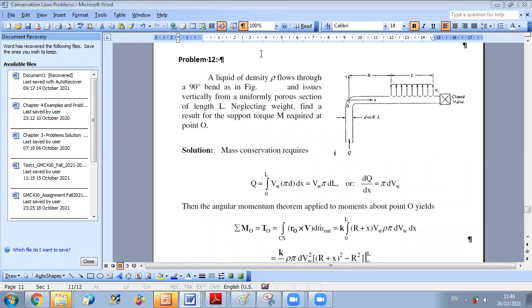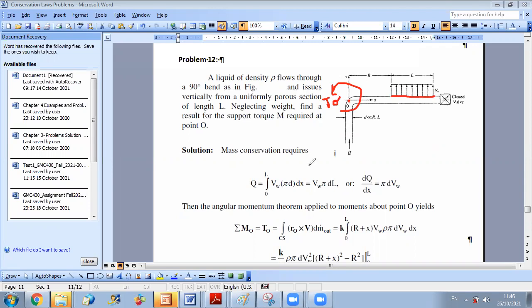So here you have a distributed flux at this section, and you want to predict what should be the torque M applied at O to hold your system at rest. Again, we are in steady operations.